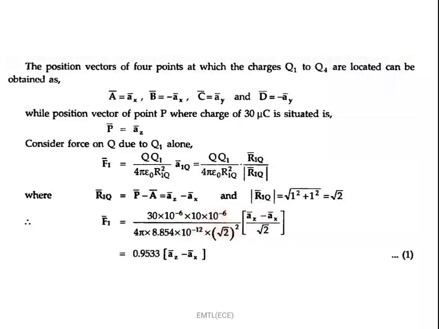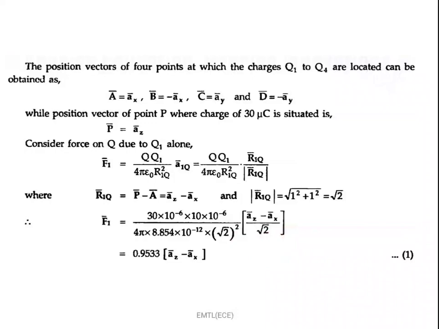So 10 into 10 power minus 6. The denominator 4 pi epsilon naught is a fixed value, 8.854 into 10 power minus 12, and R square is root 2 whole square. And A R bar, that means A bar 1Q, formula is R bar 1Q by mod of R bar 1Q.